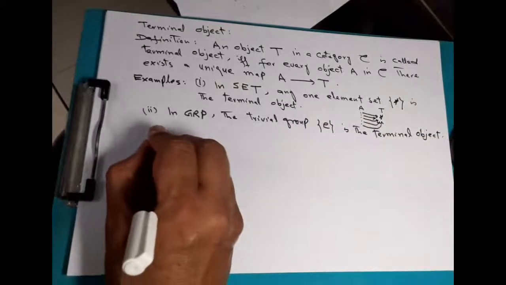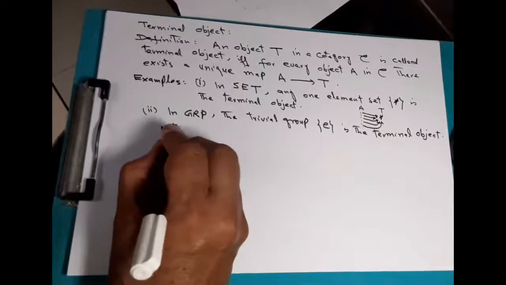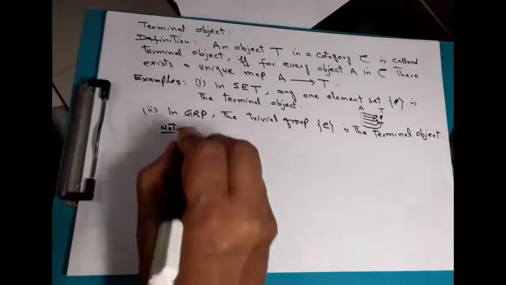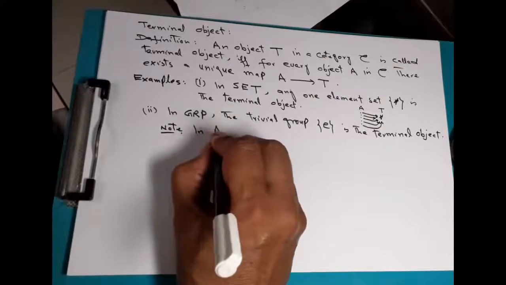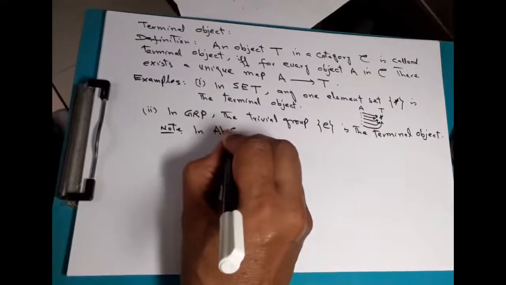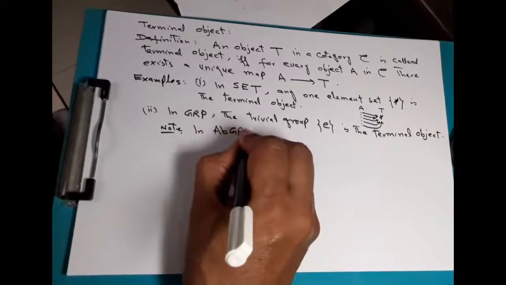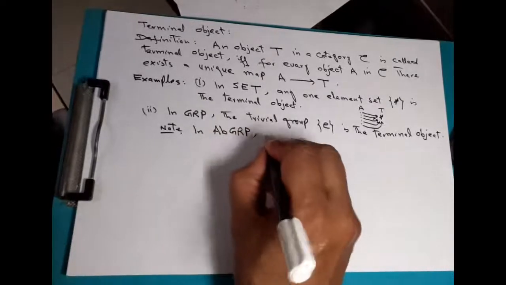Let's have just a note. In the category of abelian groups, we denote it by AbGRP, the category of abelian groups.